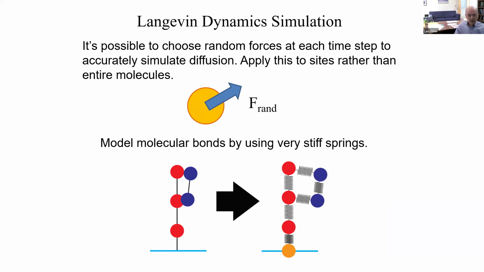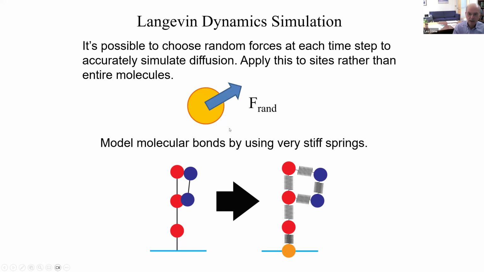Each of these spheres that you model in the SpringSalad molecules is semi-independent. It's independent in the sense that you assign it a diffusion coefficient, and from that diffusion coefficient, the software will generate a series of random forces that impinge on the sphere to make it move in different directions.